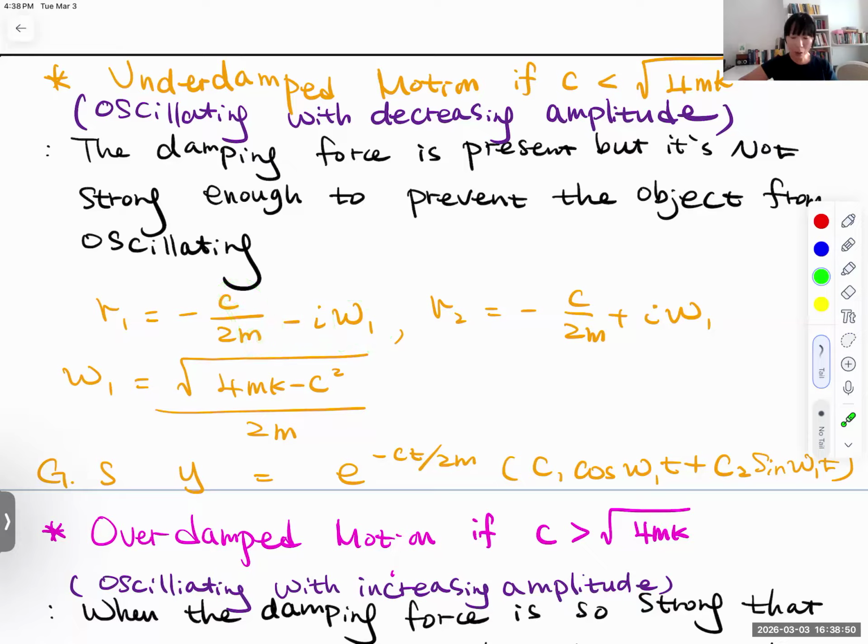Omega sub 1 equals the square root of 4mk minus c squared, over 2m. Then the general solution will be y equals e to the negative ct over 2m, and then we have seen this one before, right?